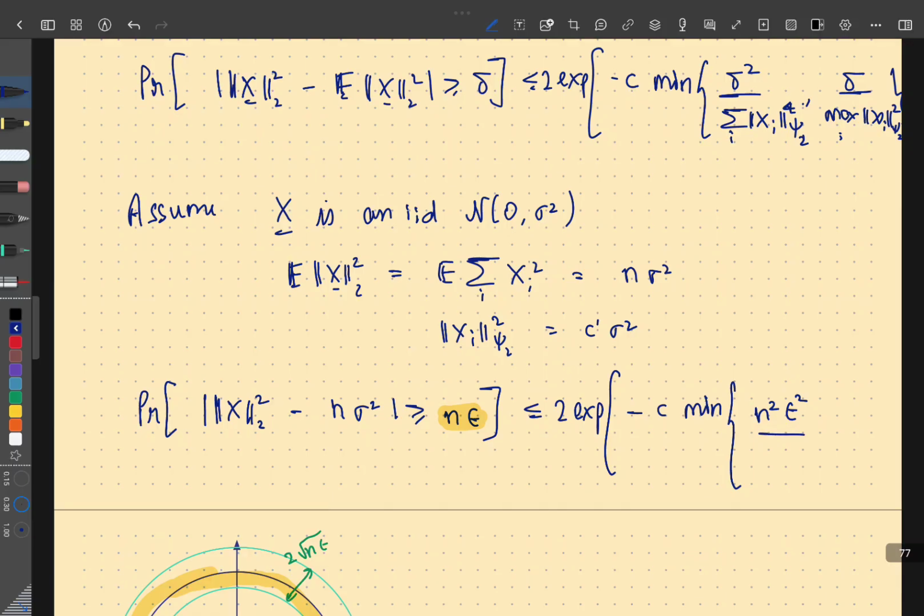The subgaussian norm of xi square is equal to some constant times sigma square, so to the power 4 it would be sigma to the power 4 times n. So the denominator is effectively some universal constant times n sigma to the power 4, comma, n epsilon divided by the max over i of the subgaussian norm square of xi. This would just be sigma square.